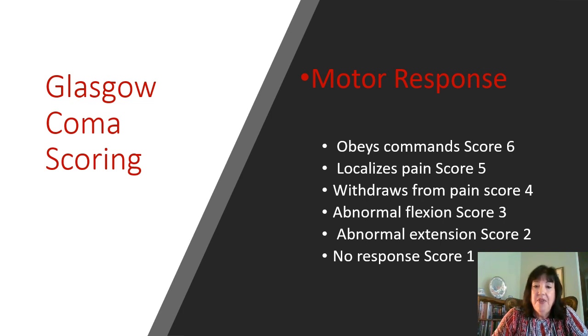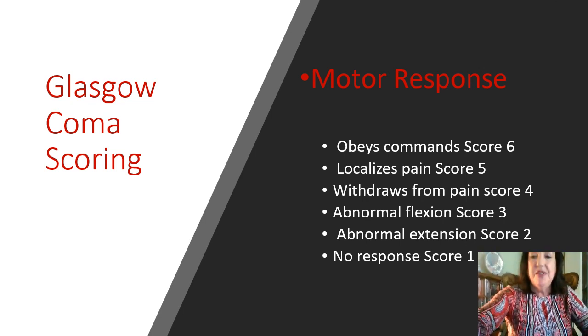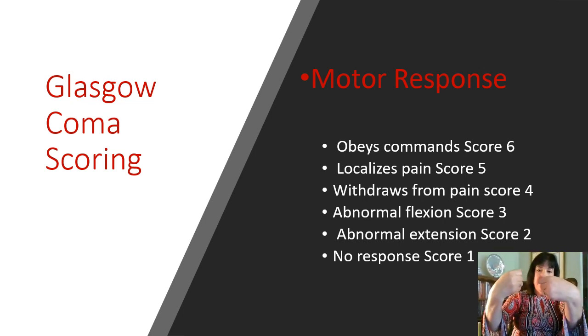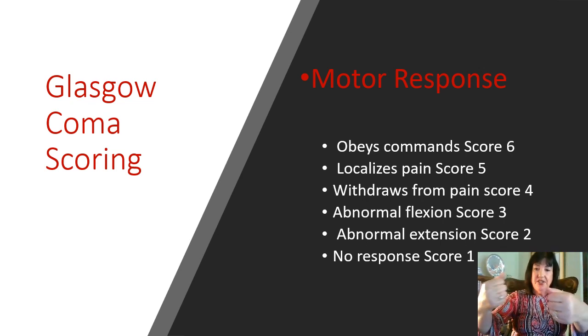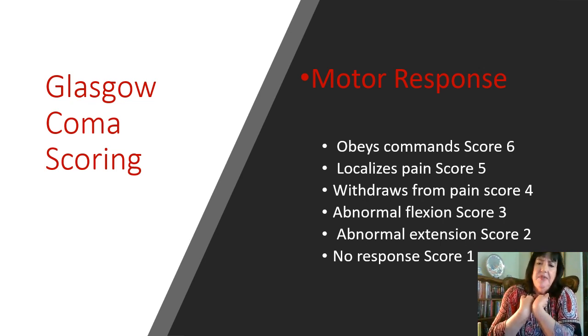So if you have abnormal flexion, if you want to take a look at me, you can. You've got a patient who, let's just look at the upper extremities at this point. They're moving in. Maybe he's doing something like this, okay? If that is the posturing of your patient, then we're going to say it is decorticate.